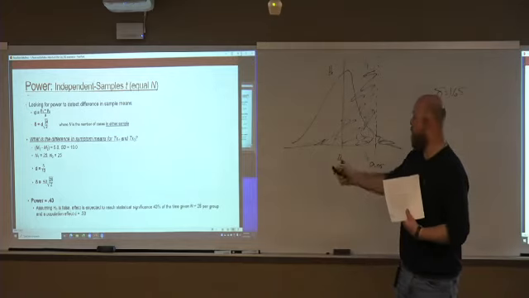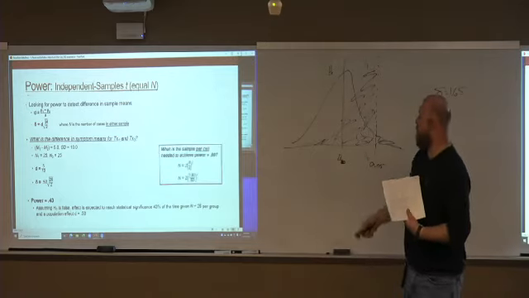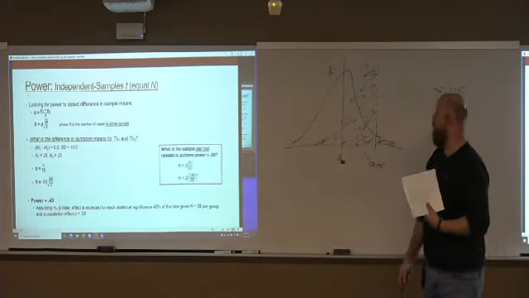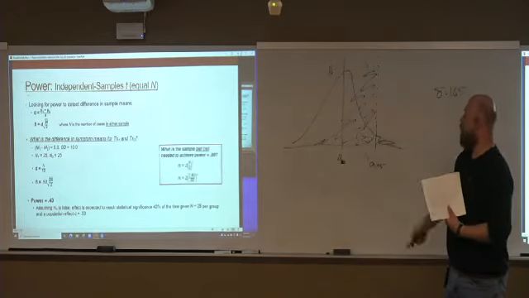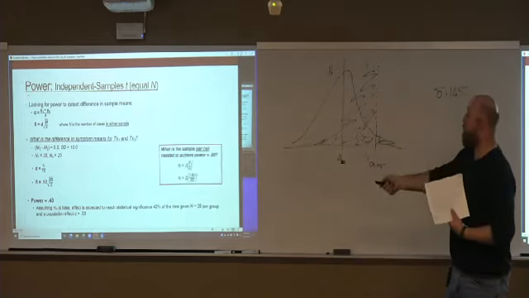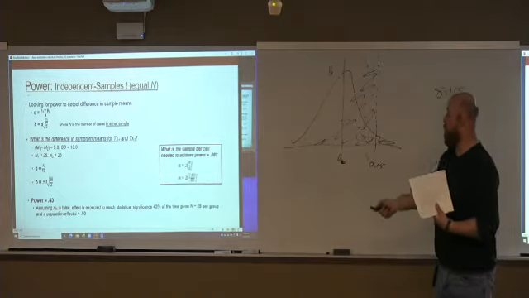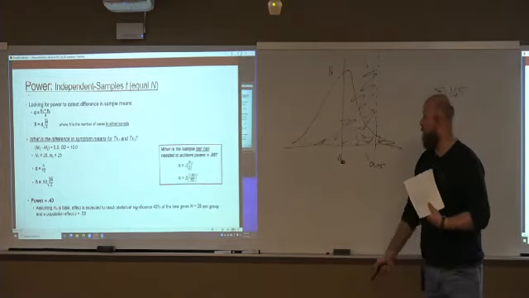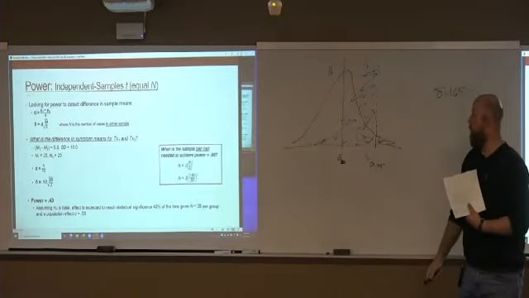Okay, so we got this, and then again, it's just rearranging our formula in order to look at the sample per cell needed to achieve power of 0.8, right? So I just take this and reconfigure my formula.